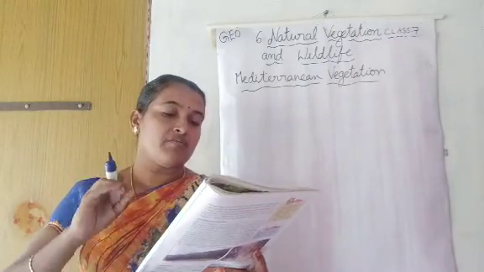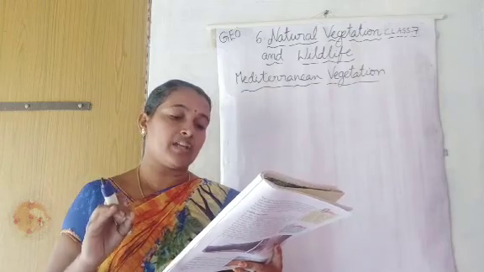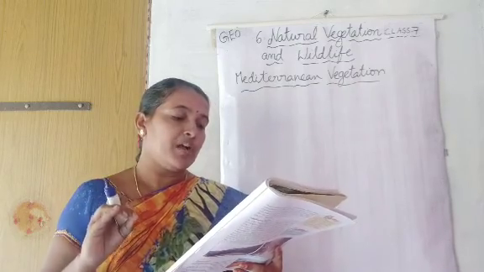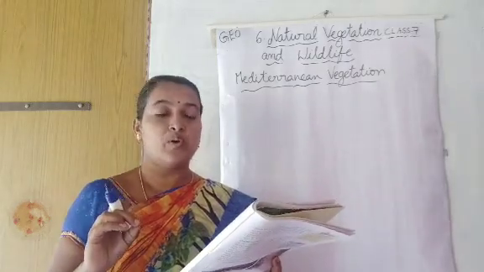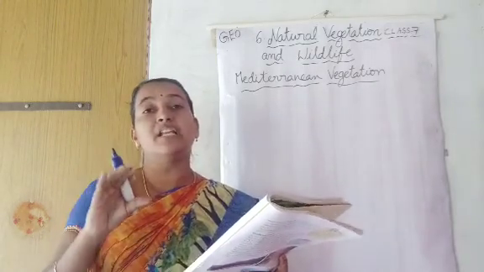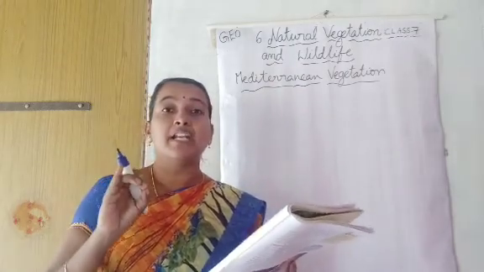It is mostly found in the areas around the Mediterranean Sea in Europe, Africa and Asia. Hence the name. In the middle of the map, that's why this is called Mediterranean vegetation.